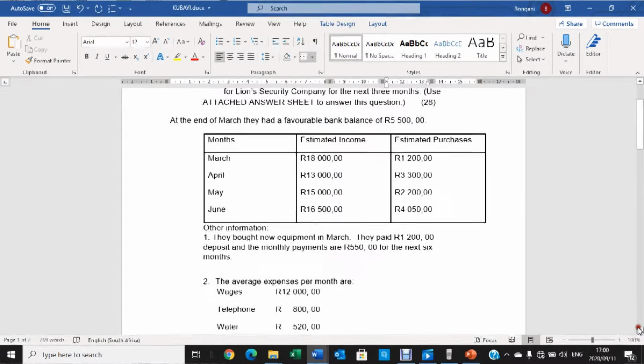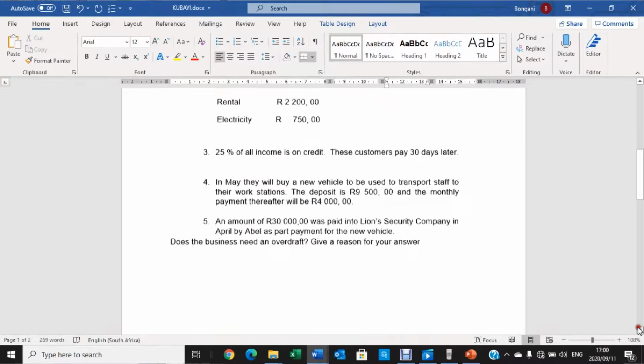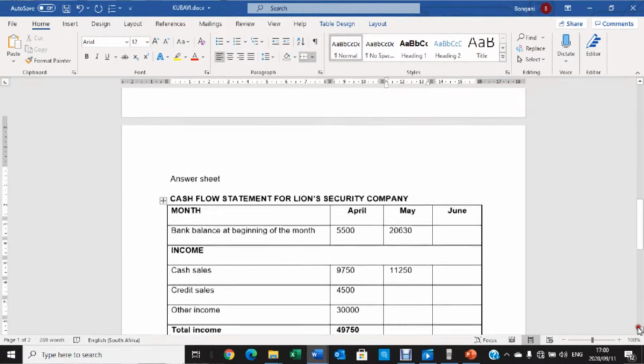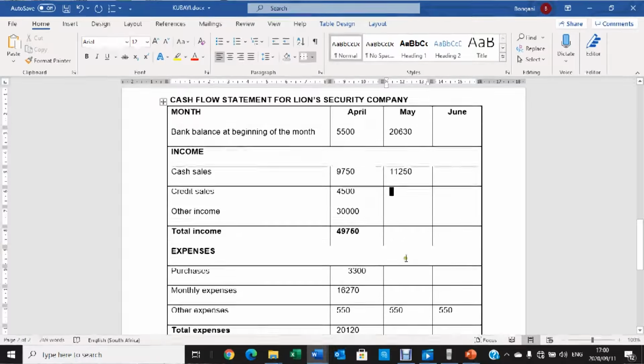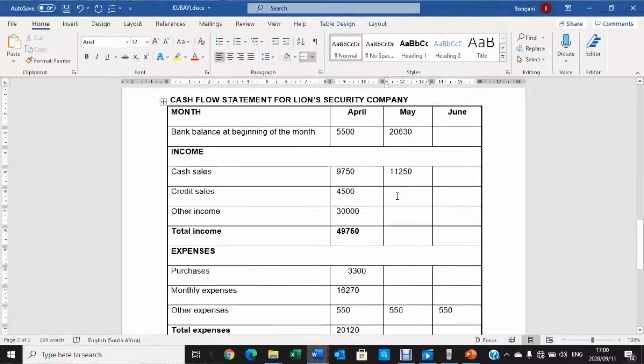And then we record the 3,250 as our credit sales. That is the amount that is going to be received in May from the previous month's sales.